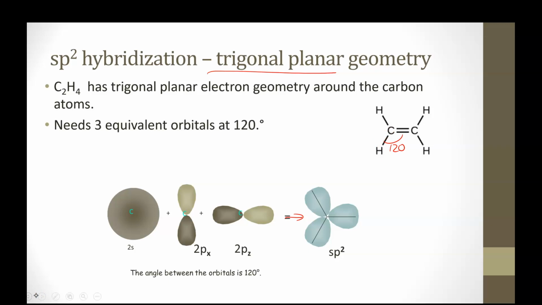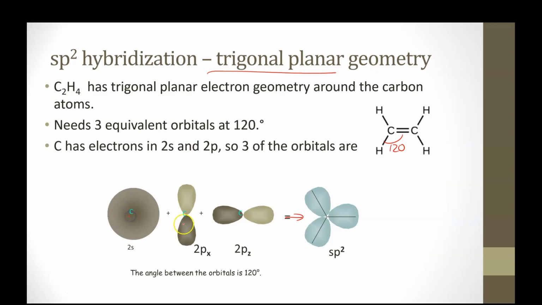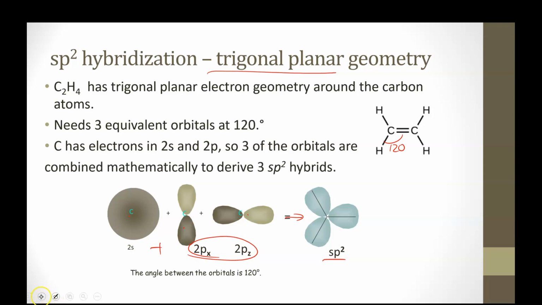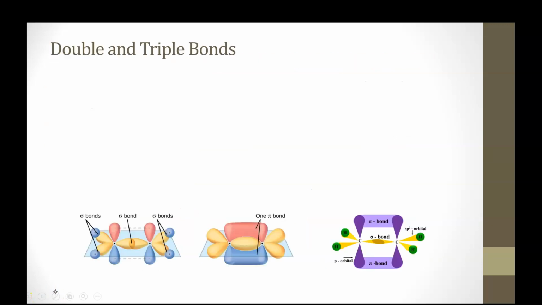They need 3 equivalent orbitals at 120 degrees. And since they took the 2s orbital and 2 of the 2p orbitals, they created sp2 hybrids. And they're identical.